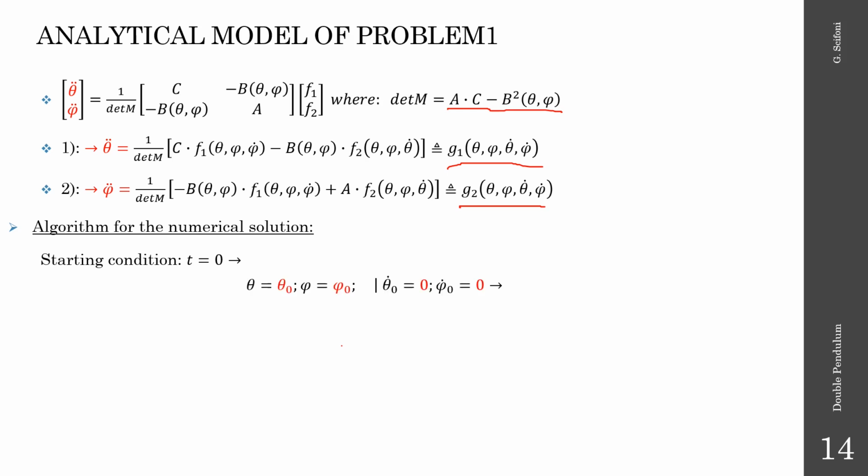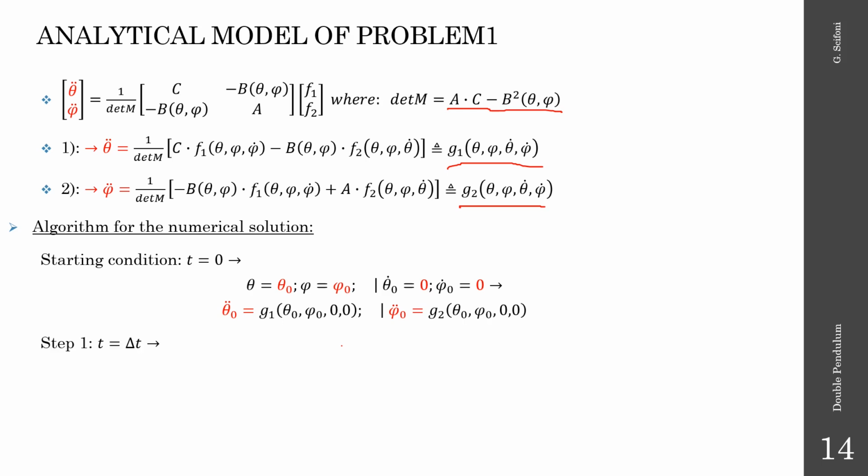The starting condition says for t equals 0, theta equals theta 0, phi equals phi 0, theta dot equals 0, phi dot equals 0. From those data, we calculate the functions g1 and g2 that give theta double dot and phi double dot respectively at the same time frame. This is the step 0.